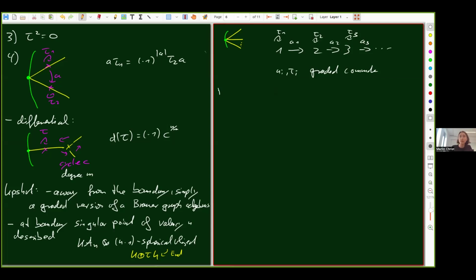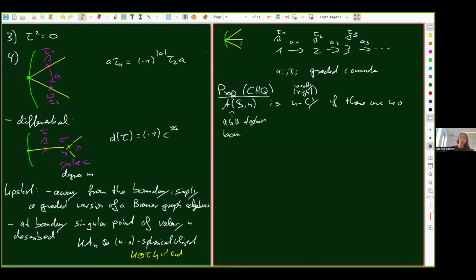Right, and then this is somehow how you should think about these algebras, and then the proposition. Or maybe one fun fact about this: this algebra A_S^n, the RGB algebra, in case you already forgot the notation, is n Calabi-Yau, let's say, maybe weakly, if there are no boundary singular points, and S satisfies an orientation assumption.